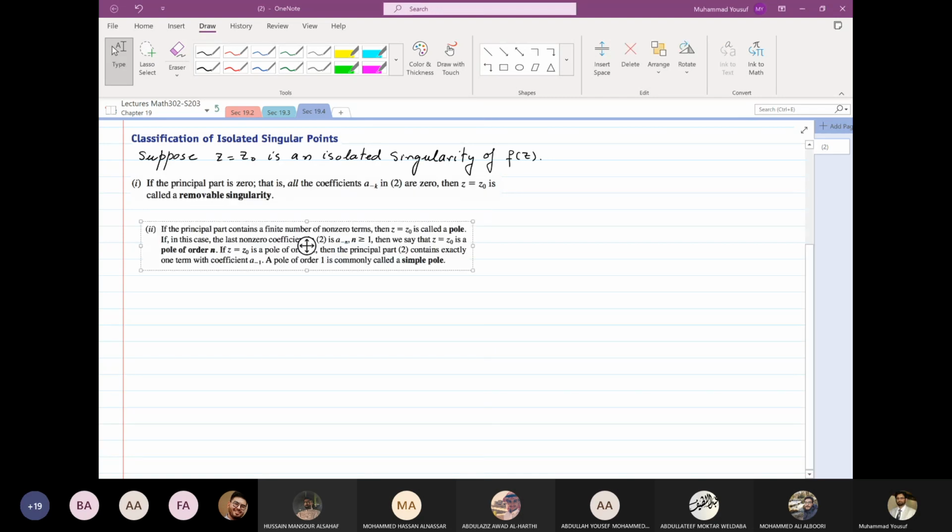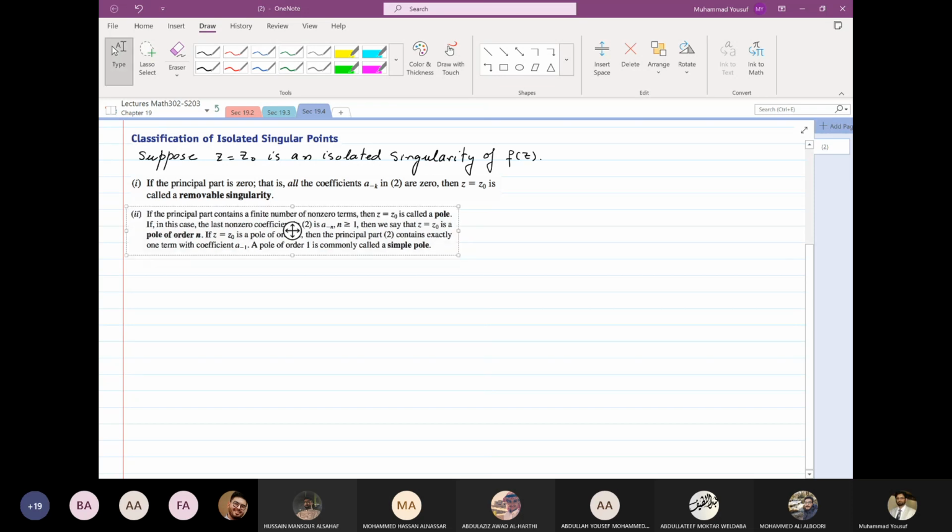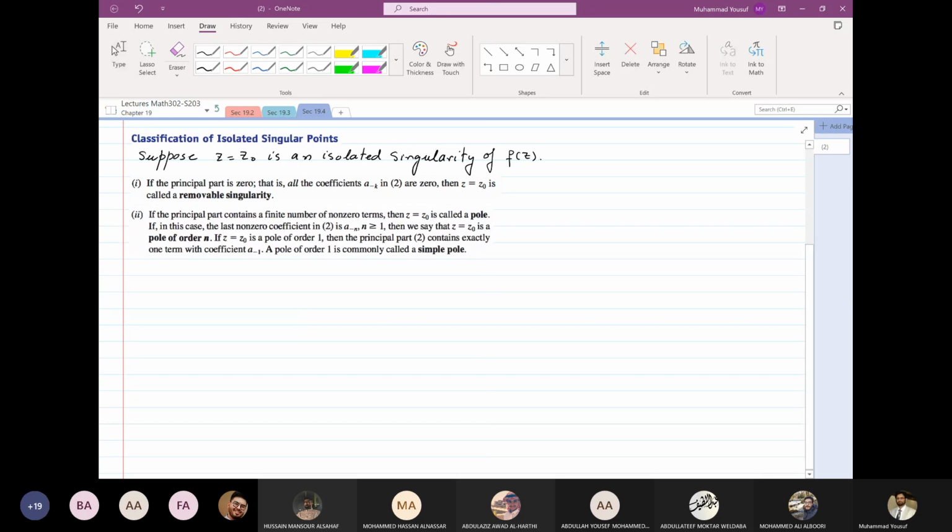Number 2, if the principal part contains a finite number of non-zero terms, say 5 non-zero terms, 10 non-zero terms, 100 non-zero terms in the principal part, then the singularity is called a pole.